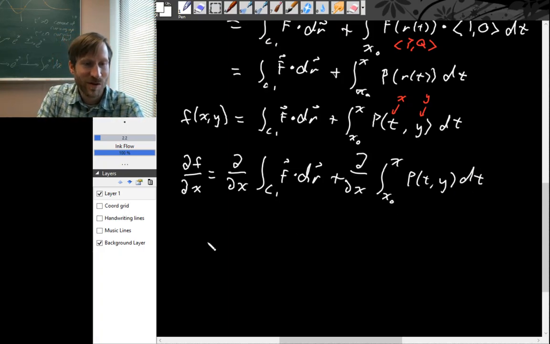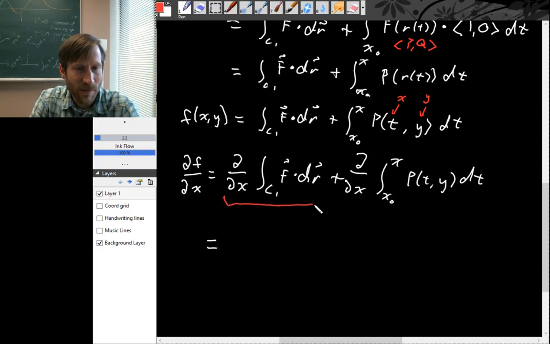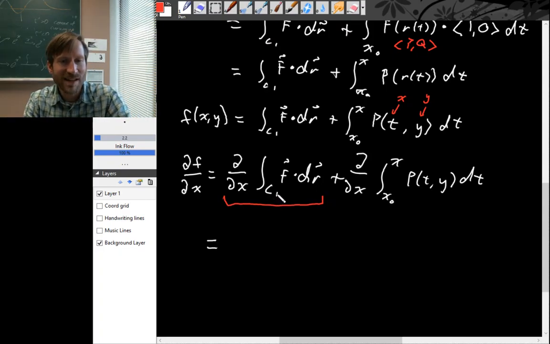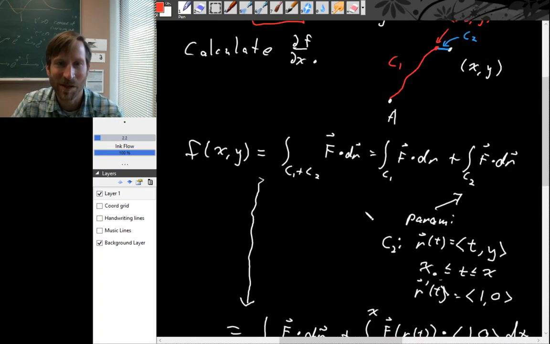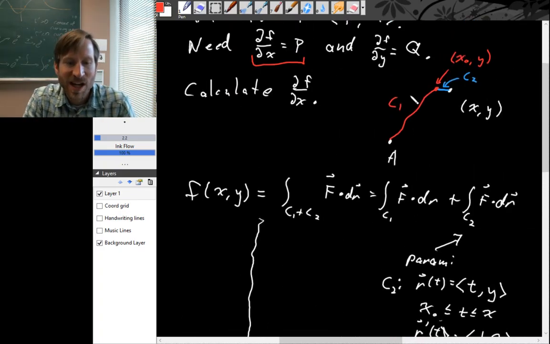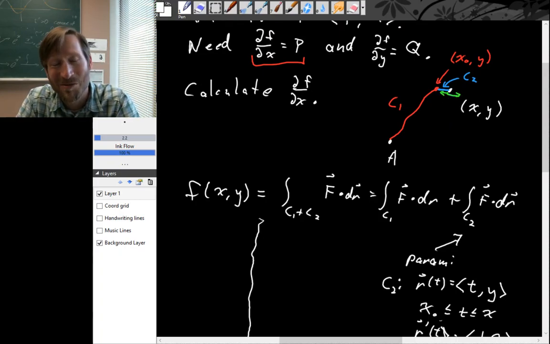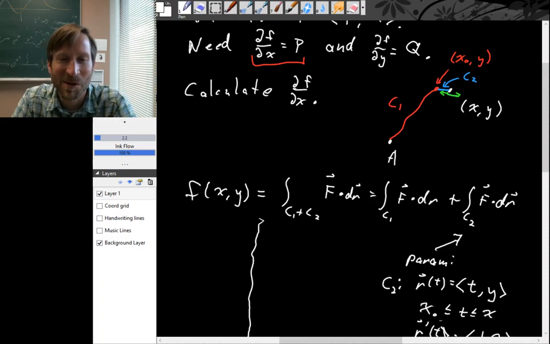All right, now to evaluate these derivatives, this first part, well, if you look at C1, as x changes a little bit, what happens to the curve C1? Well, let's go up and look at our curve C1 way up here. Changing x a little bit moves this point, our final point, back and forth just a tiny amount. And it's a tiny amount because we're taking a derivative, so ultimately this is all built on the limit of the change in x going to 0.